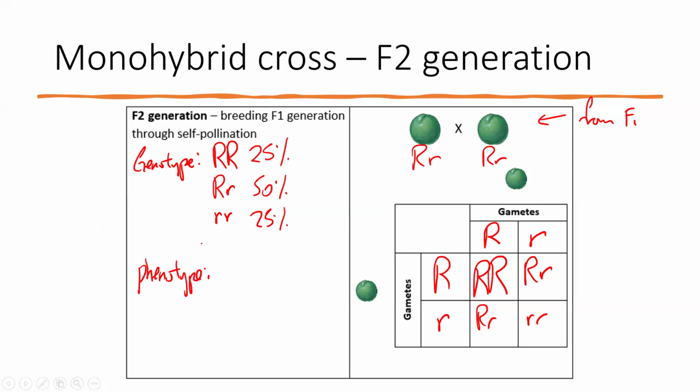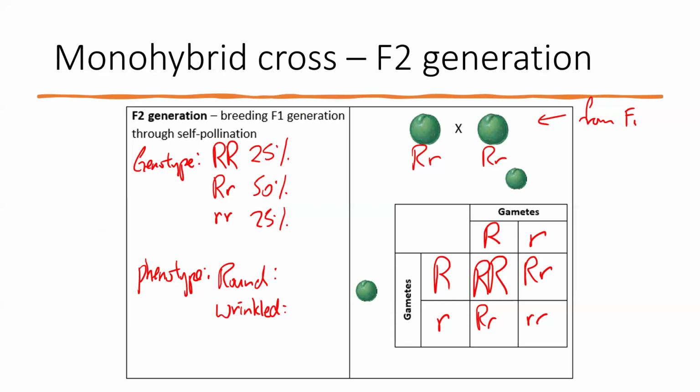Let's do phenotype now. What are the possible phenotypes? What kind of character are we looking at? Are we looking at yellow versus green? Wrinkled versus round, yeah. So what percent would be round? You sure? 75, right?